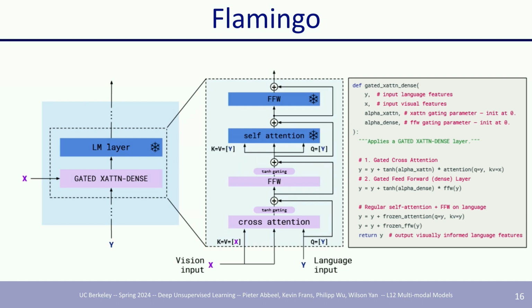And as you train, the gate weights will probably deviate away from 0 as it learns how to incorporate the image information to help predict the text that it needs to predict. One thing about this model and a lot of models I'll be talking about is that these models still only generate text, but just learn how to condition on images. So they can't generate images. They can only generate text.